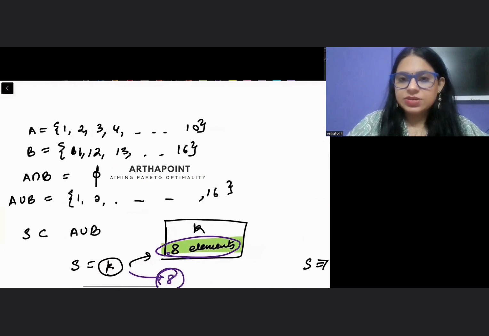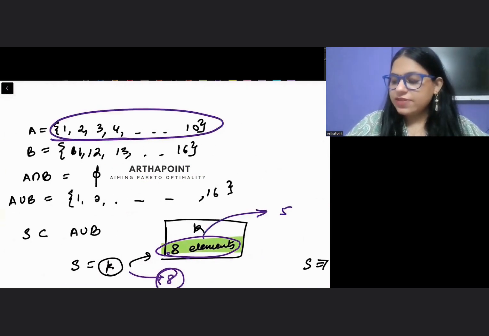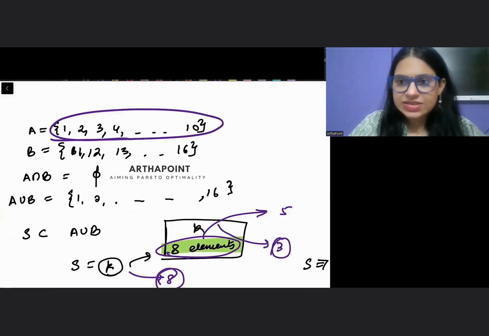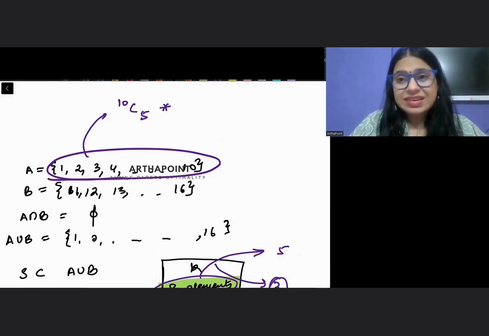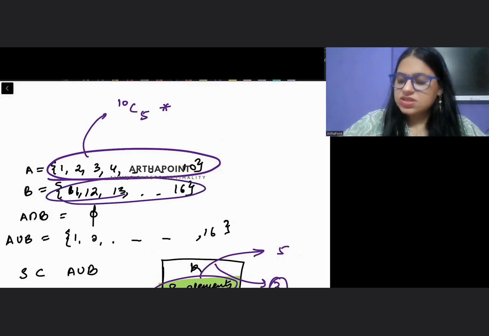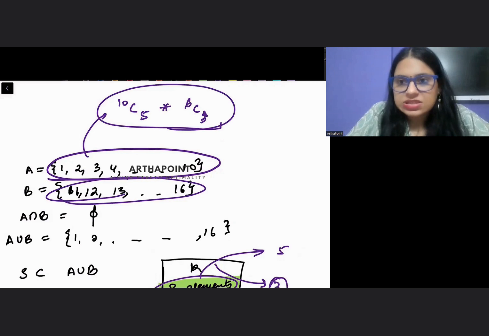A had 10 elements. And in the subset, I need 5 elements of A and 3 elements of B. I am creating a subset of 8 elements, out of which I need 5 elements of A. Which means that out of these 10 elements, I need 5 elements. And I need 3 elements of B. So out of these 6 elements, I need 3 elements of B. These are the number of ways in which I can create this subset.